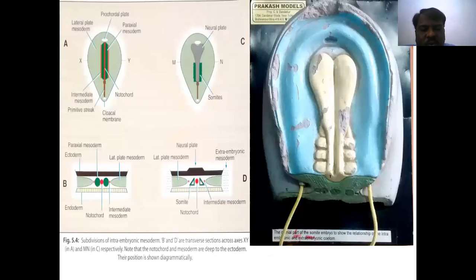Next is the head fold, tail fold. Next we can identify placenta formation and limb buds formation. Next is the mammary gland line, which we'll discuss, not tomorrow, Wednesday, 10 to 11, in the embryology class. Remember what we are discussing now.